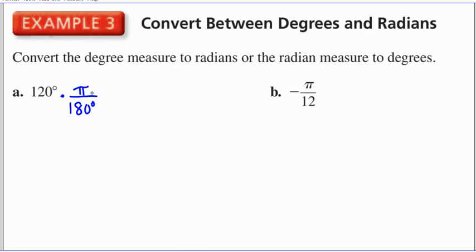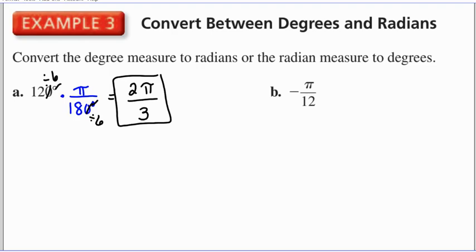Pi is halfway around a circle, and 180 degrees is halfway around a circle. So that equals 1. So 120 degrees times pi over 180 degrees. The degree symbols cancel out. I can reduce my fraction by 10. 12 over 18, I can also reduce those. If I divide 12 by 6 and I divide 18 by 6, we find that this is 2 pi over 3.